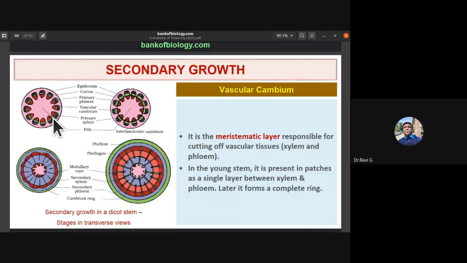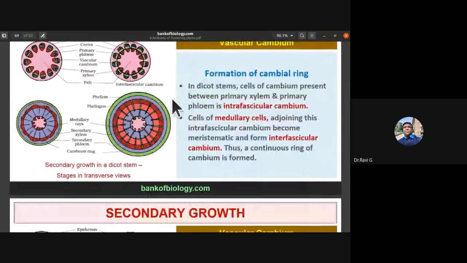Throughout the ring it happens, and they form a continuous cambial ring, which we call vascular cambium. Remember, this interfascicular cambium is newly formed cambium by the de-differentiation of parenchyma cells of medullary rays. So, formation of the cambial ring.